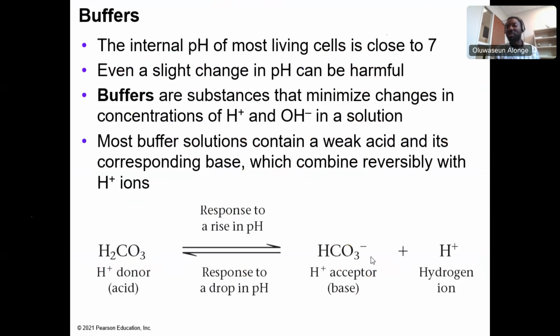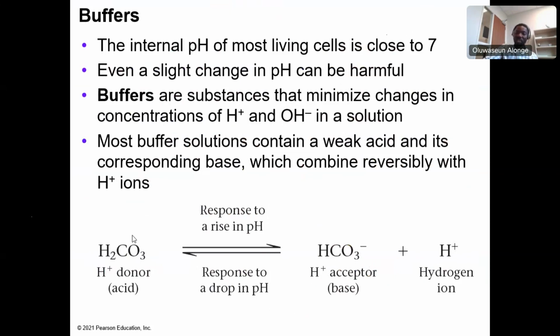This guy accepts the H plus, and then the pH value reduces. But on the other hand, if there's a drop in pH, meaning it's now acidic, this HCO3 is going to capture the H plus that is there and form H2CO3.